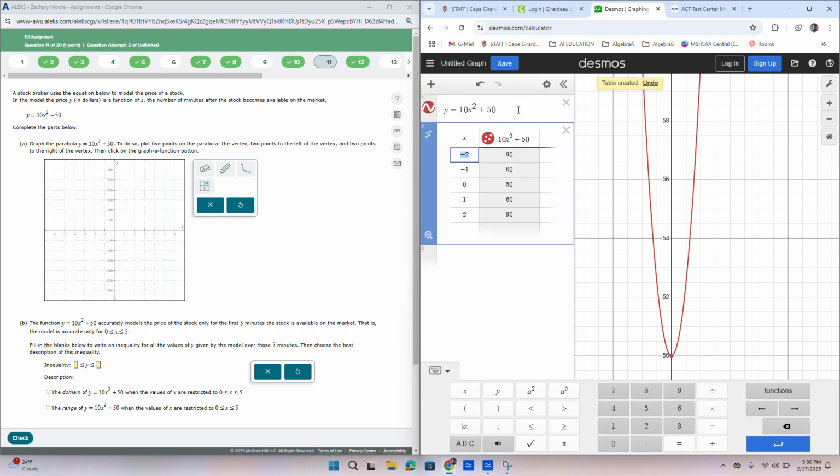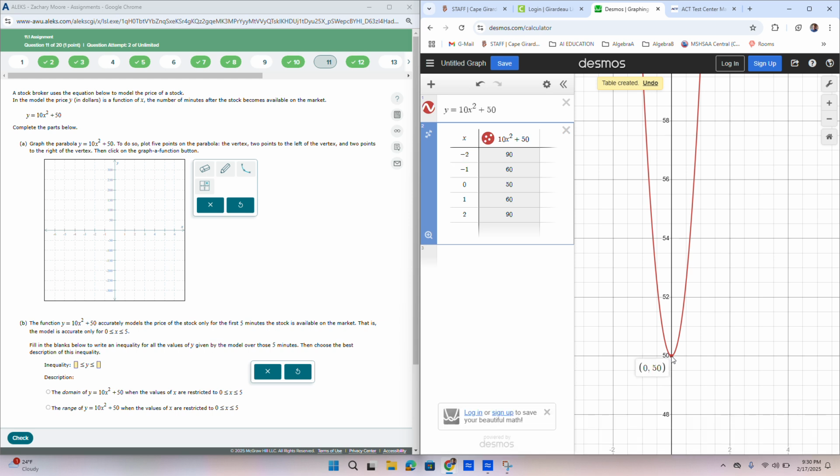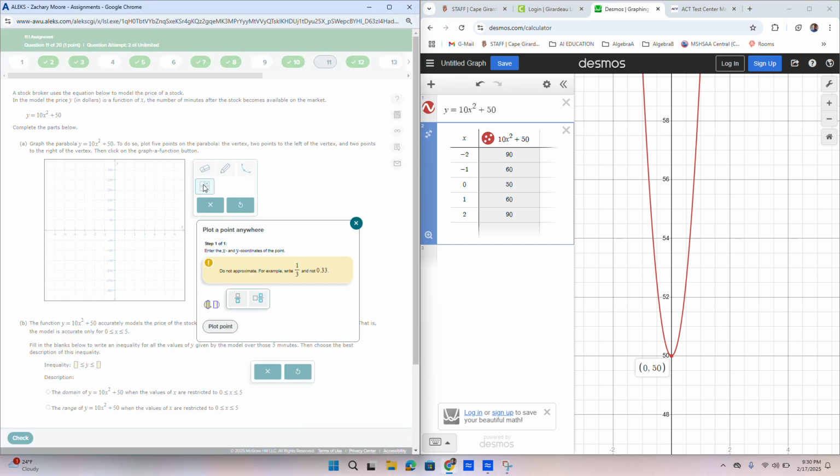And then you can click your table again. Our vertex is at (0, 50), so we're going to plot a point. First one is at (0, 50).